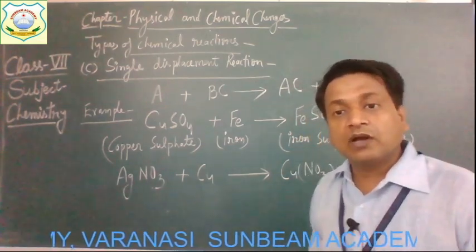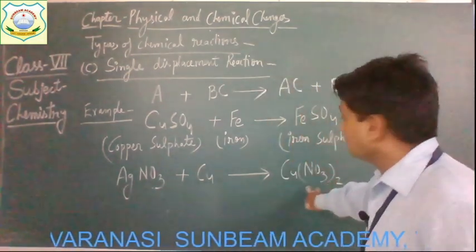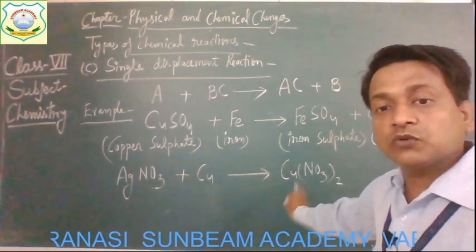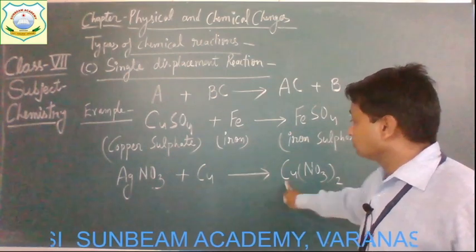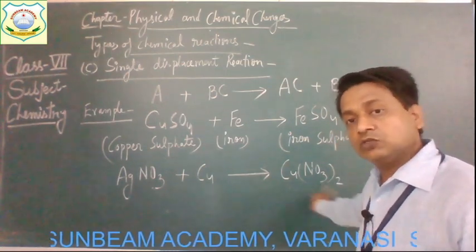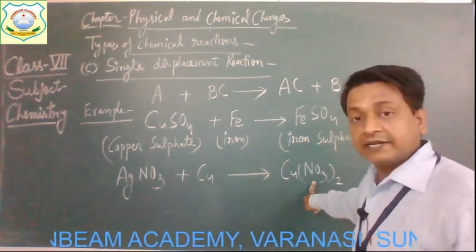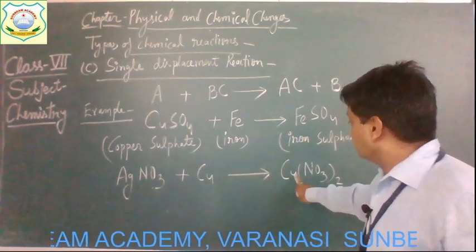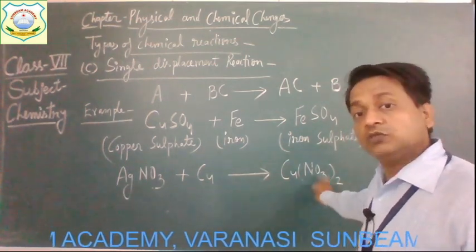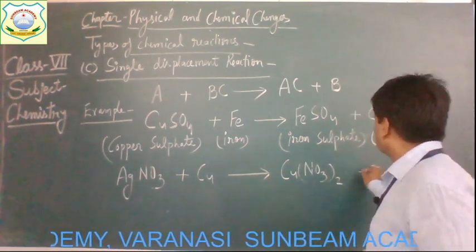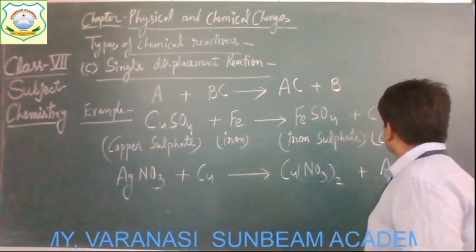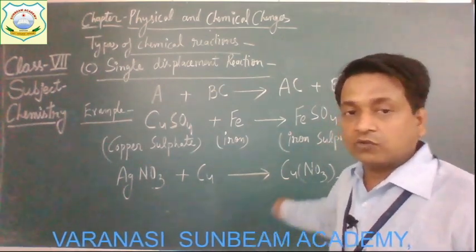And the formula of copper nitrate is Cu(NO3)2. Okay, children, this is because the valency of copper is 2 and the valency of nitrate is 1. So that is why Cu(NO3)2 and the silver gets displaced. Okay, now you can balance it.